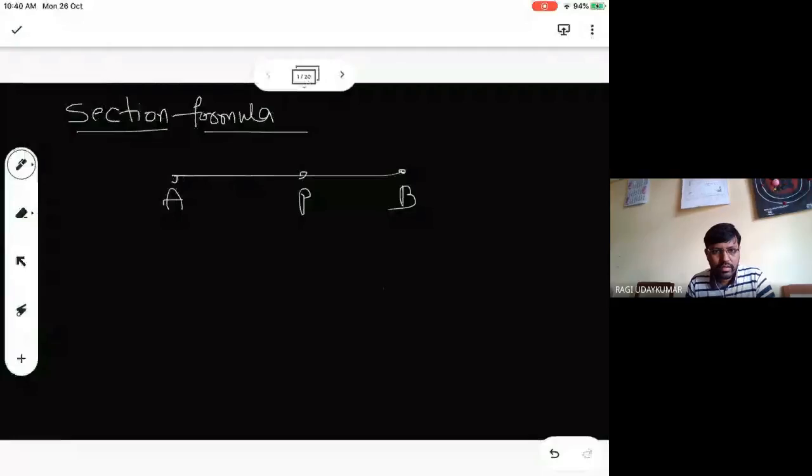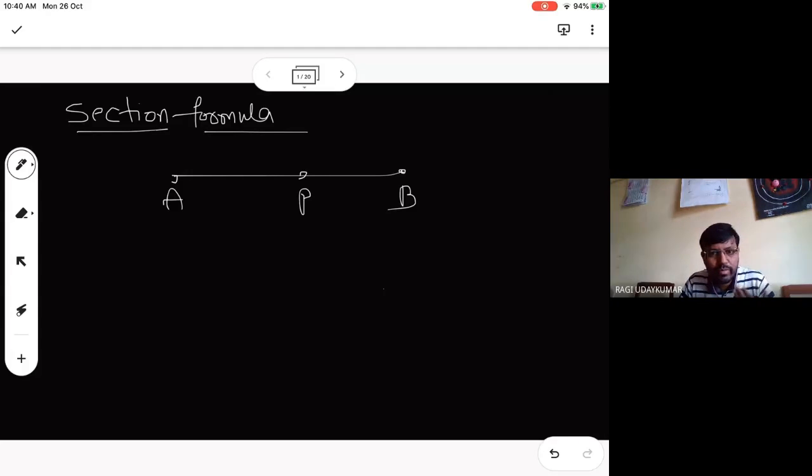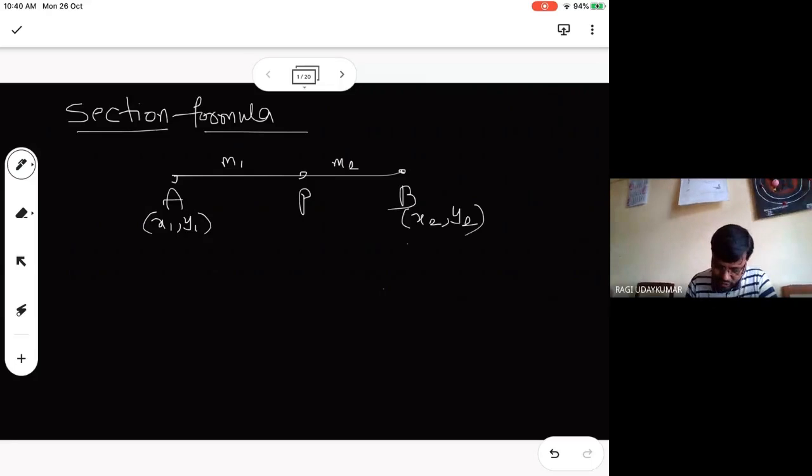The ratio also, if it is changed, you should be ready for whatever ratio may be given to you. In your textbook the ratio is given as m1 m2, and here the coordinates of point A are x1 y1 and the coordinates of point B are x2 y2, and the point P can be found out.